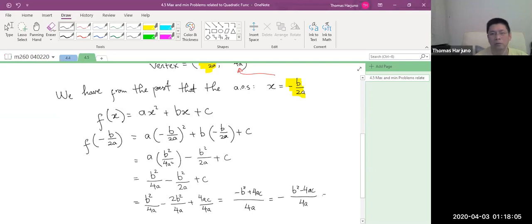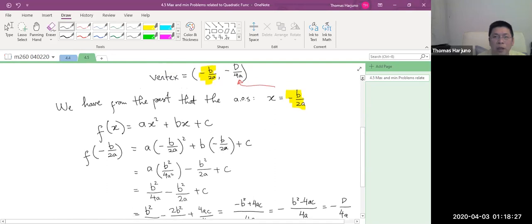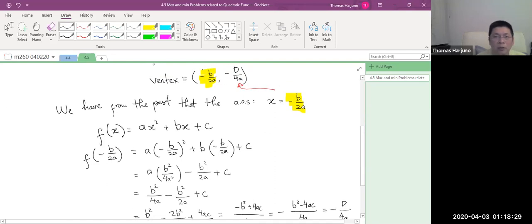But we have learned that b squared minus 4ac is the discriminant. Now that confirms that if we have the maximum or minimum of a quadratic function, then the vertex will happen at the axis of symmetry for the x component, and the y component is negative D over 4a.